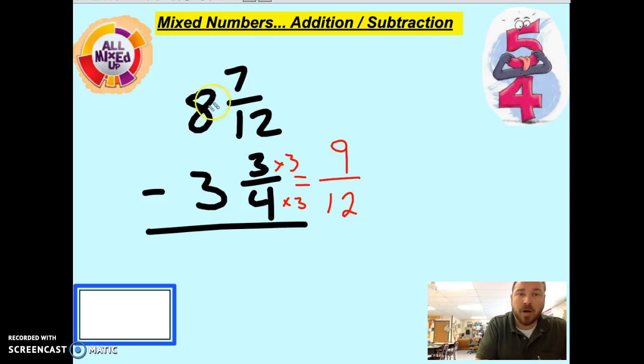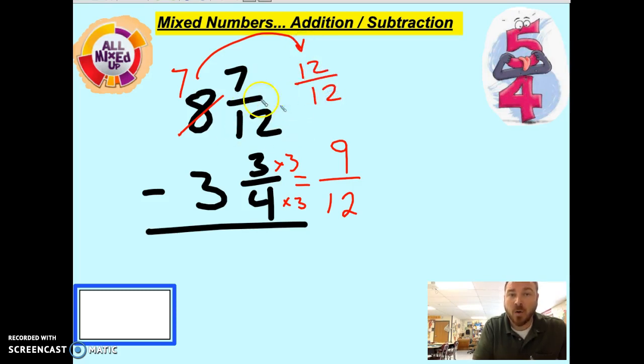Okay? We're going to borrow or unbundle this 8. This 8 now becomes a 7. Every time I unbundle or borrow from this guy, he becomes, over here, in this case, 12/12, because our whole in this problem are twelfths.